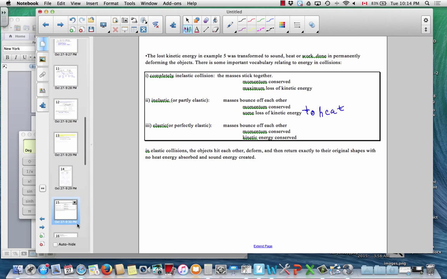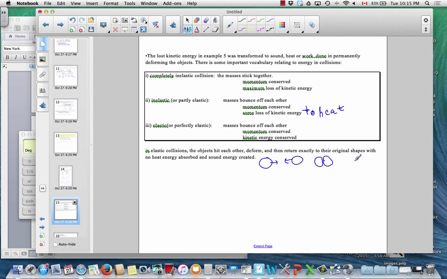Now, the reason we call them partly elastic is that when the masses hit each other, say this is them flying towards each other, they actually deform elastically, like this. And as a result, as the material has to change shape and molecules have to push through each other, there's inevitably a little bit of heating.